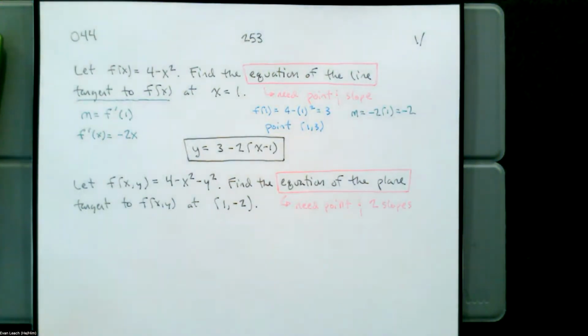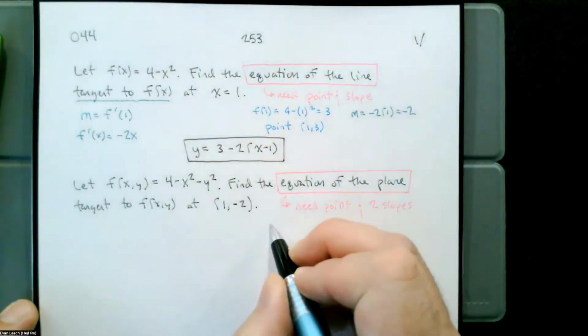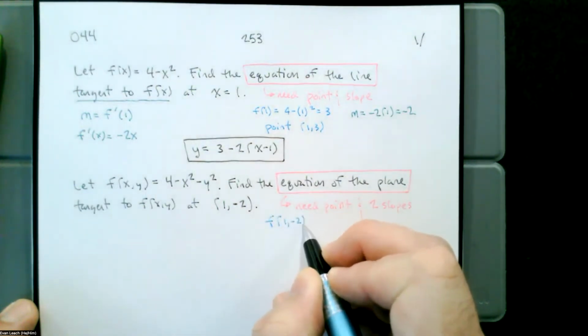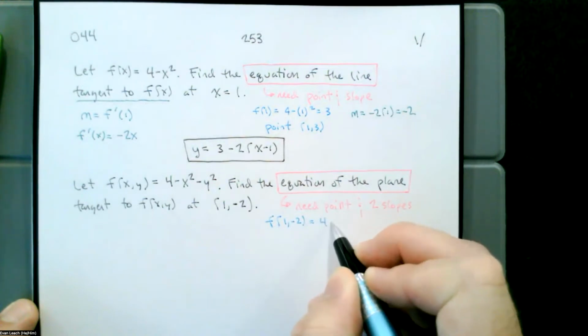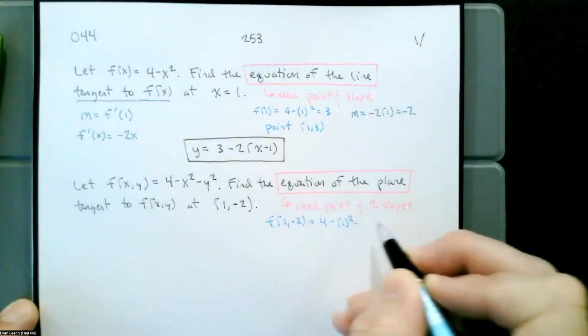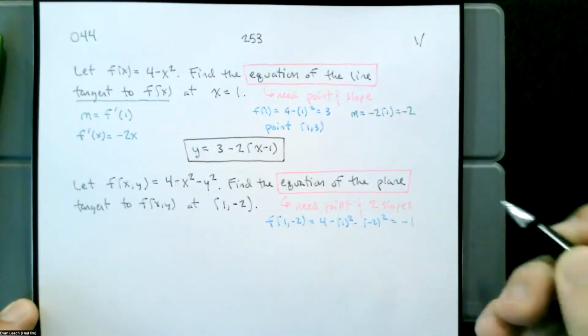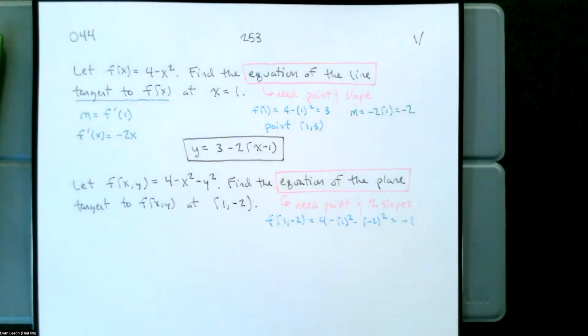Point, easy enough to deal with. I'm just going to find f of 1, negative 2. So our point is going to be 1, negative 2, negative 1.